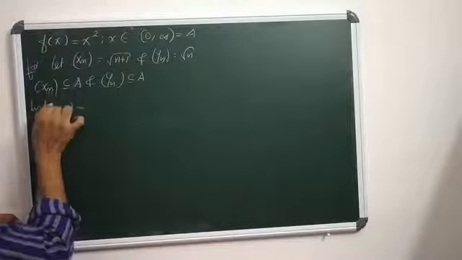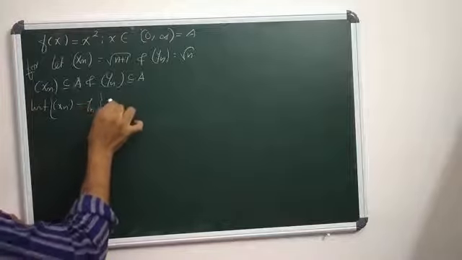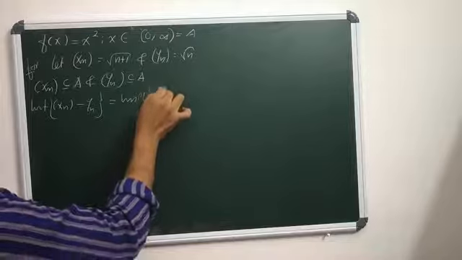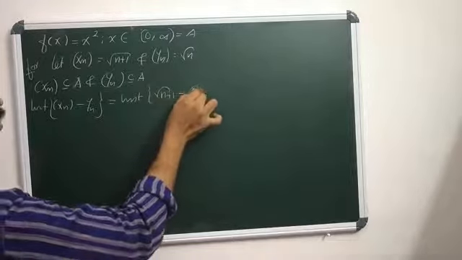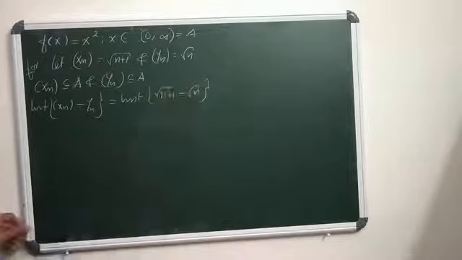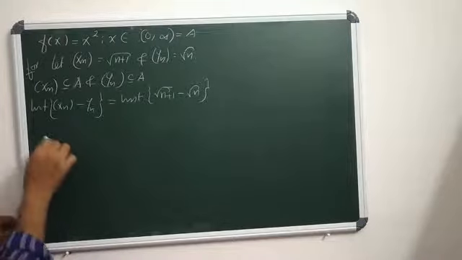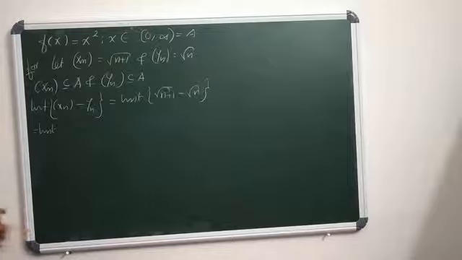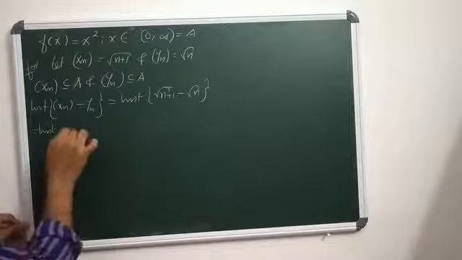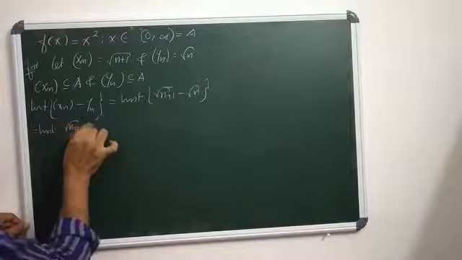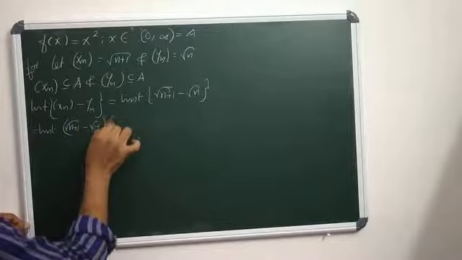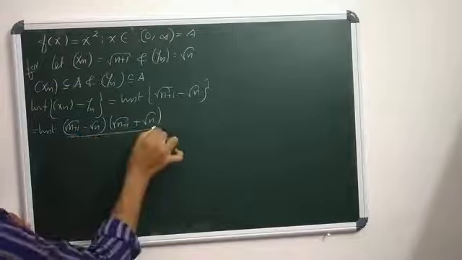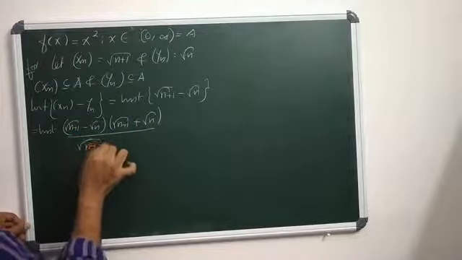Limit of xn minus yn equals limit of root n plus 1 minus root n. How do we find this limit? Multiply and divide by root n plus 1 plus root n.